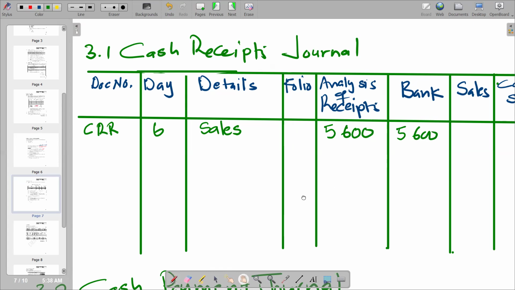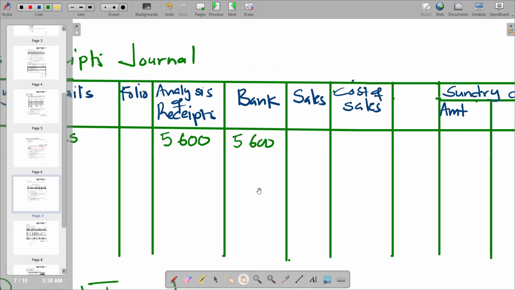Then from there, we have sales and cost of sales, and this column obviously is going to represent our debtors control. So what we are saying is we check if the transaction in question fits in these 3 columns, that is our sales, and then I'll check if it also fits in debtors control. Then we pick the column that it fits and enter that column.